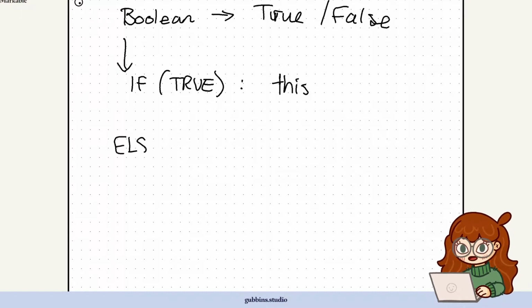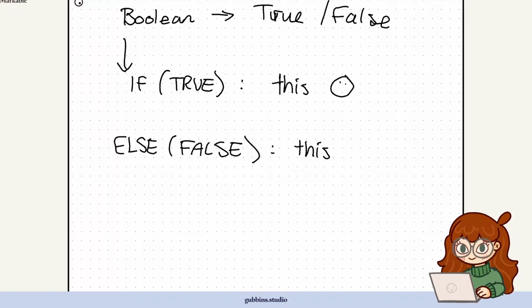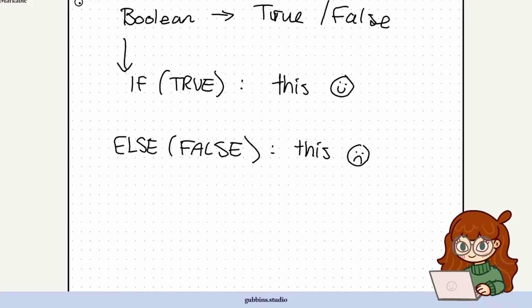And else, so I guess in this case it's like if it's false, this instead. So this is super helpful for, for example, if you wanted to show a good thing if it's true or a bad thing if it's false, that's what this if else logic is for, if that makes sense. And all of that is off of the true false value of a Boolean.